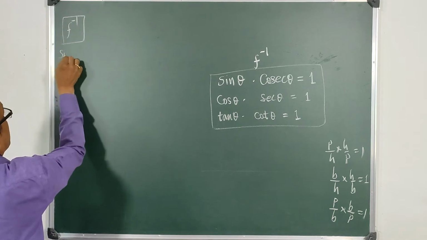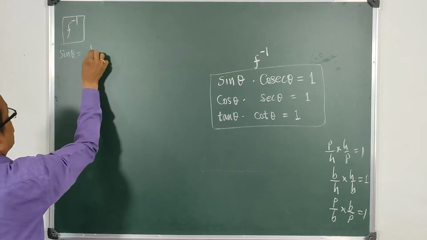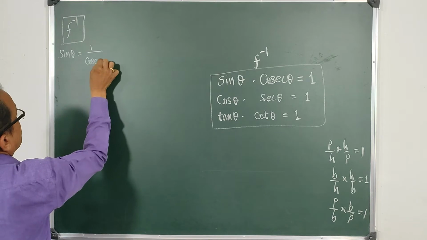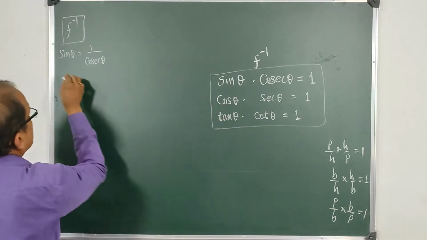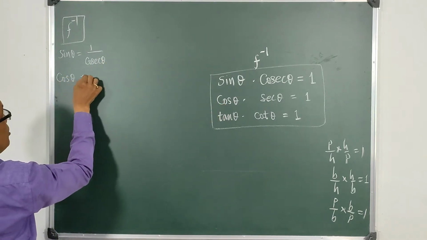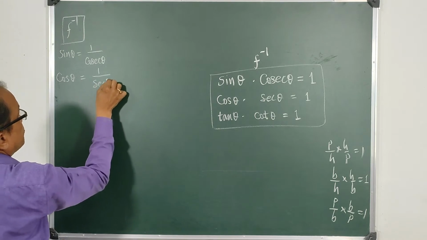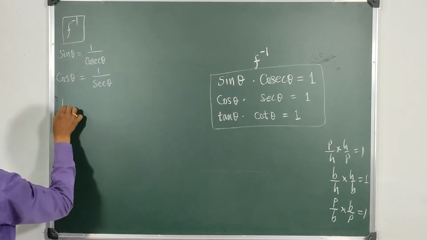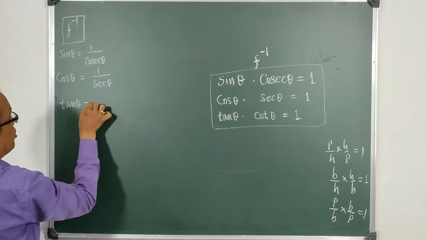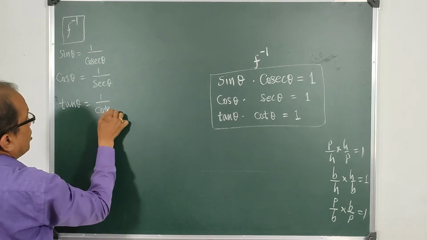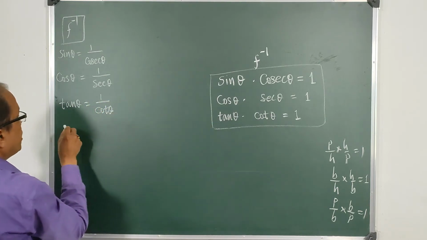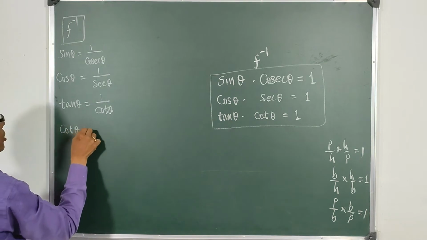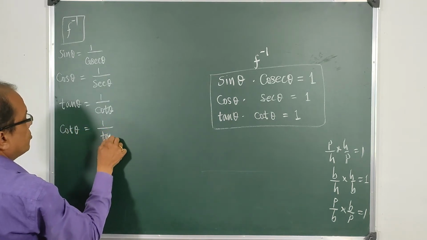We get sin theta is equal to 1 upon cosec theta. From the second we get cos theta is equal to 1 upon sec theta. From the third we get tan theta is equal to 1 upon cot theta, and also from the third we get cot theta is equal to 1 upon tan theta.